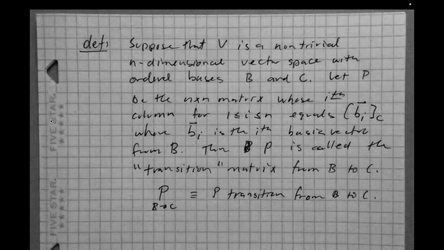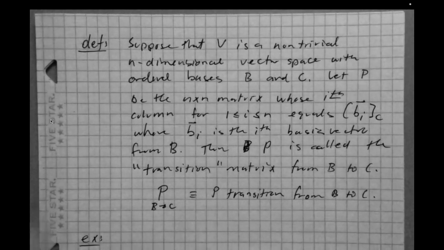And so frequently we'll just call P the transition matrix from B to C, so we don't have to say it's the transition matrix from B coordinates to C coordinates. We can just say it's the transition matrix from B to C, knowing that that means a coordinatization, of course, from context.